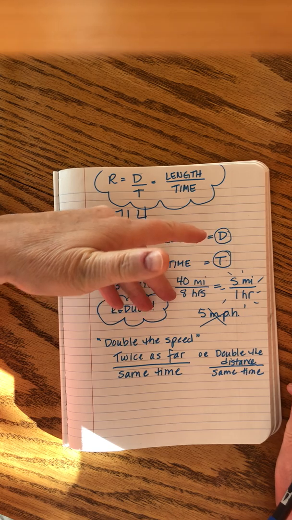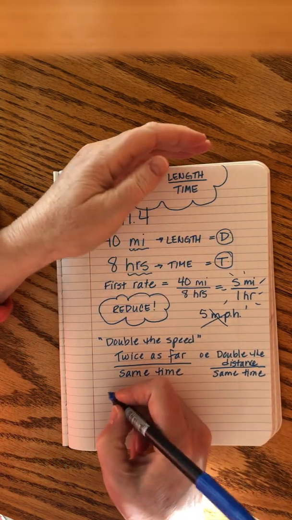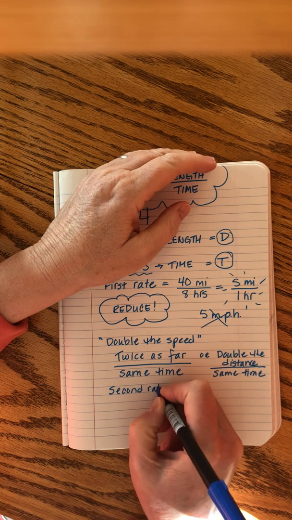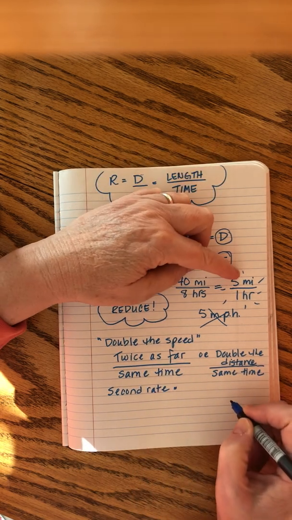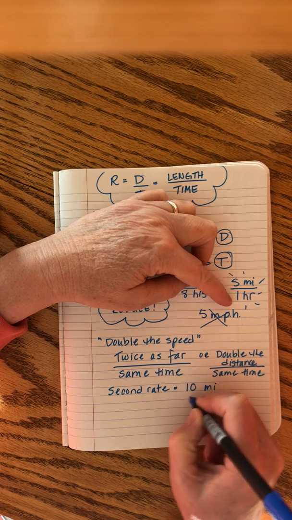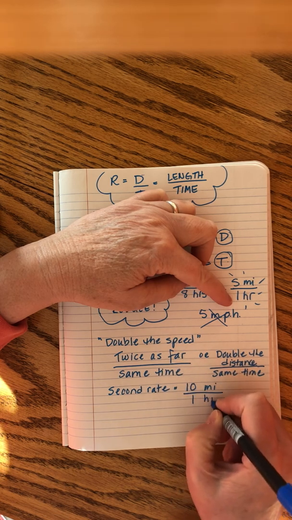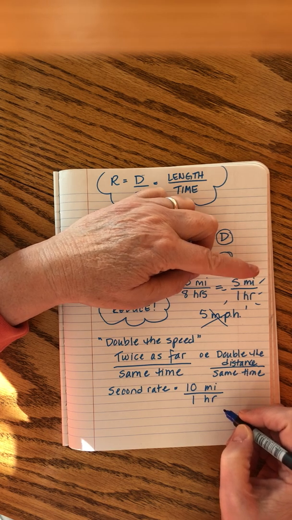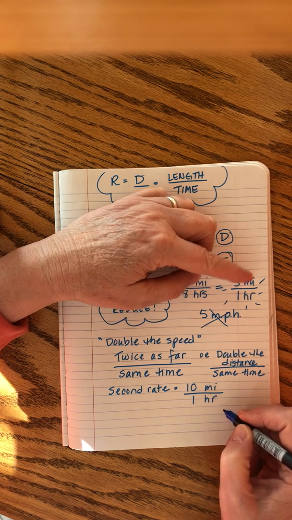So in our example, what we would do is we would find for our second rate, the first rate is 5 miles over 1 hour, so this one is 10 miles over 1 hour. I doubled the distance. She ran twice as far, so 10 miles instead of 5.